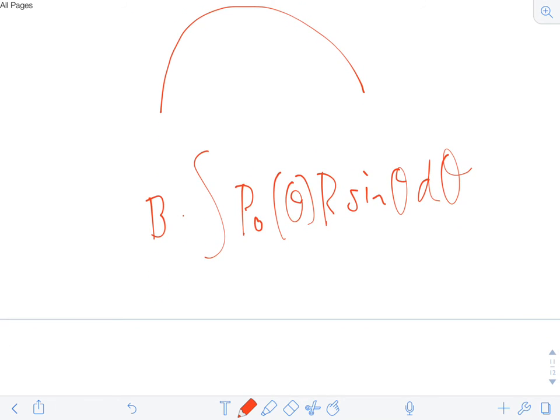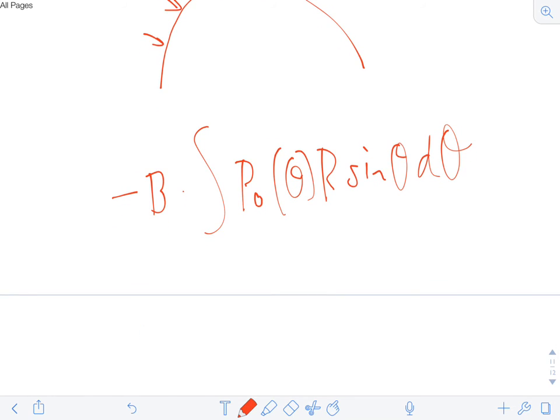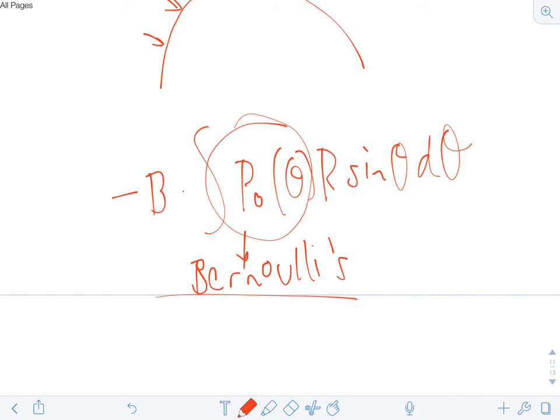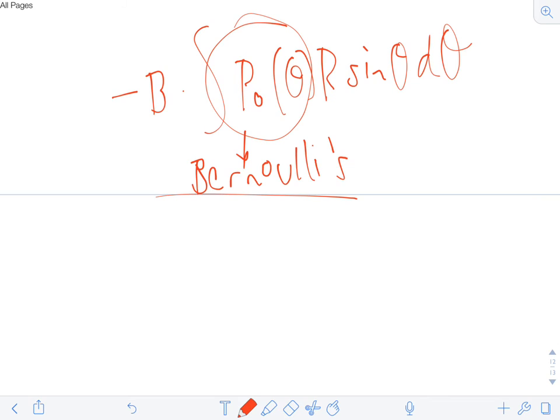That's the outside integral contribution to lift, and this is going to have a minus sign because positive pressure out here acts down. The trick is to first solve for the pressure using Bernoulli's in terms of the problem parameters, and then make that integral.